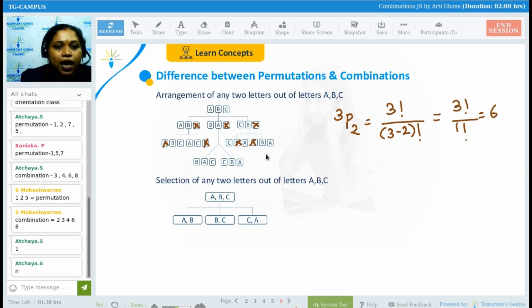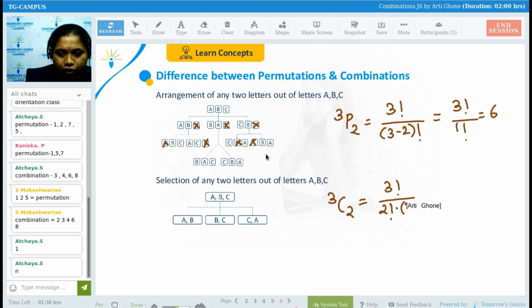Clear? Now, I want to select any 2 out of these 3. So that is a grouping only. Either the group of AB will be selected or the group of BC or the group of AC. Clear? So this is nothing but a combination. Here 3C2 is 3 factorial upon 2 factorial into 3 minus 2 factorial.